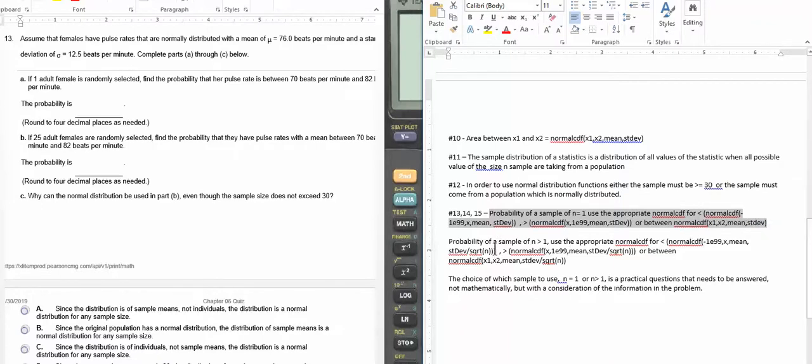However, when you are dealing with a probability of a sample greater than 1, you're not talking about an X value here, you're talking about an X bar value, and that's what the difference is, okay? And so what happens here is you are talking about the mean of the sample rather than a single value.